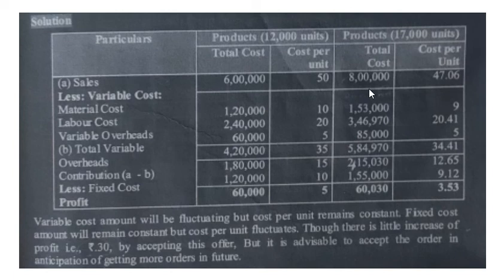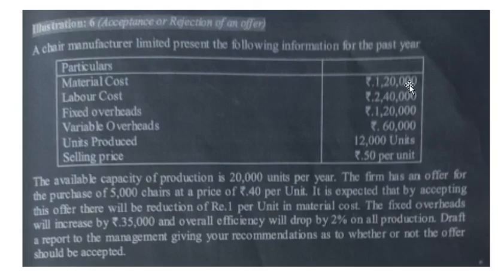So how are we going to calculate the sales for it? As per the question, the firm has an offer to purchase 5,000 units at a price of rupees 40 per unit. So the selling price is rupees 40 per unit. That 40 per unit is only for the 5,000 units, so you can't multiply 40 with 17,000 units to find the sales.